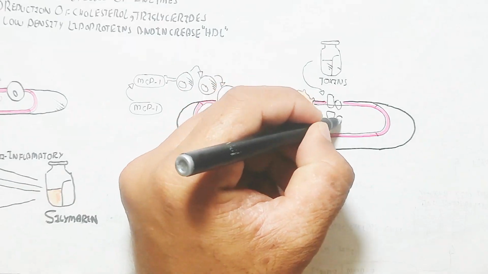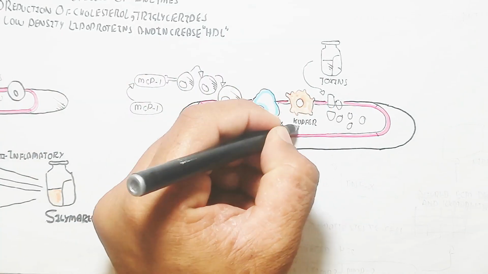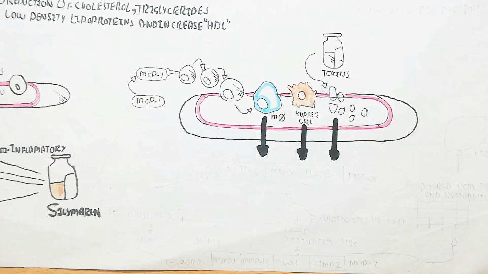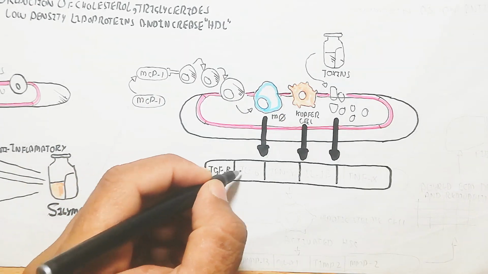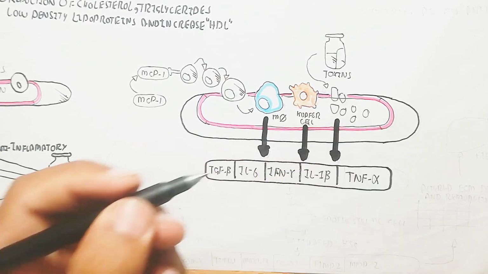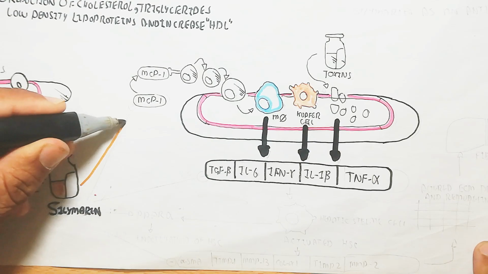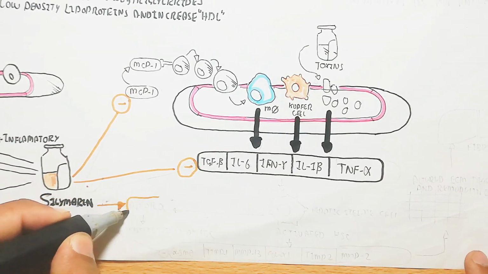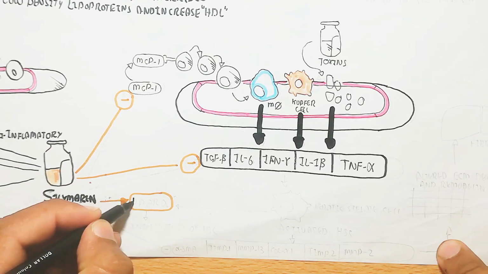enter the liver through the hepatic portal vein and activate tumor growth factor beta, interleukin 6, interleukin 1 beta, tumor necrosis factor alpha and interferon gamma.